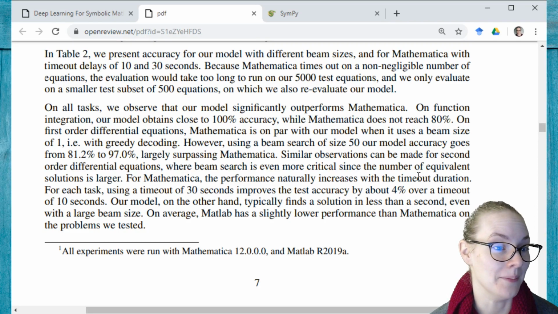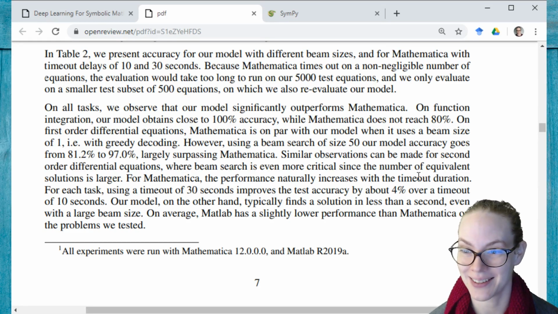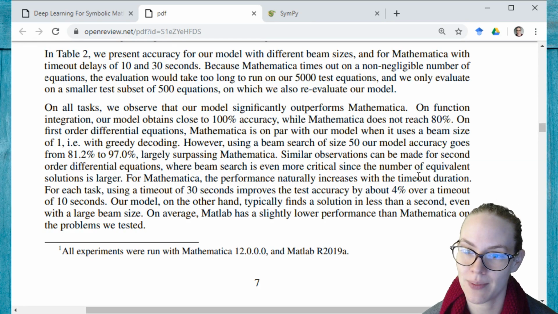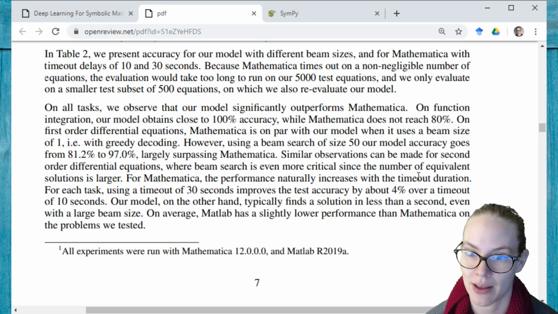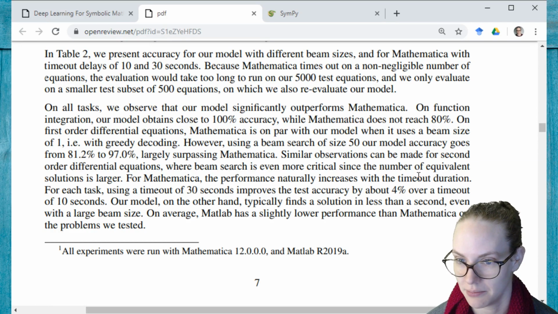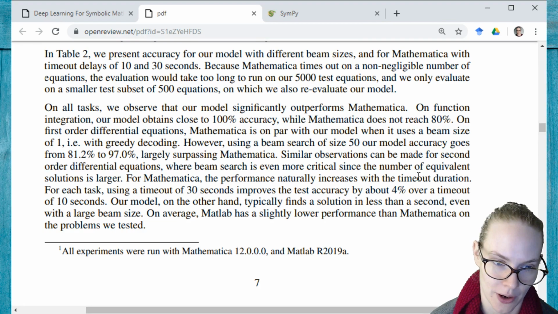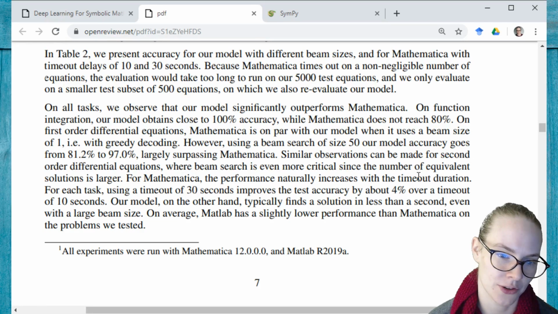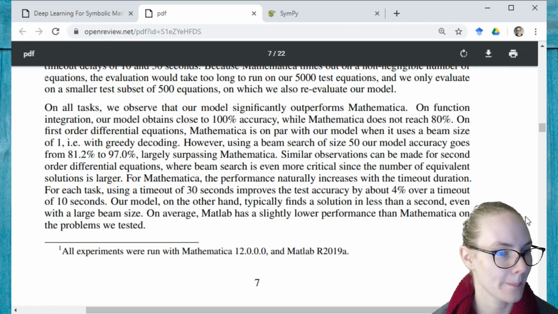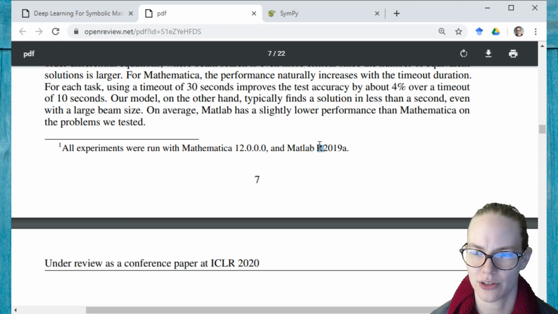Wowee. Okay, that's a massive speed up. On average, MATLAB has a slightly lower performance than Mathematica on the problems we tested. All experiments are run with Mathematica 12.0.0.0, and MATLAB R2019a. I think the R is for the research version.